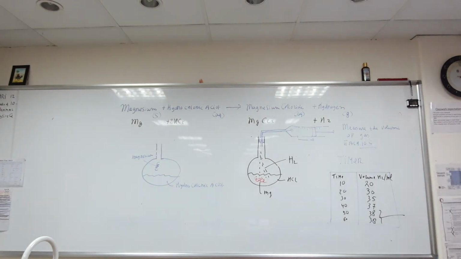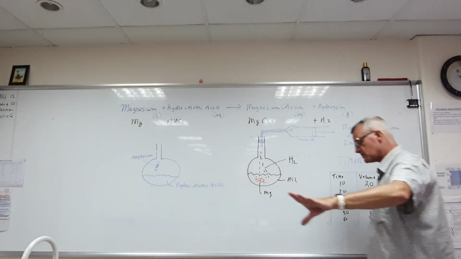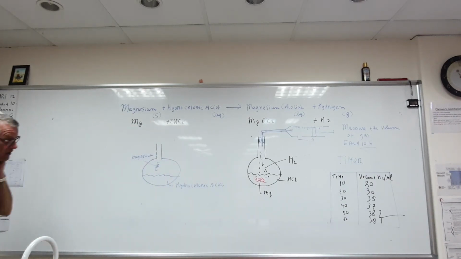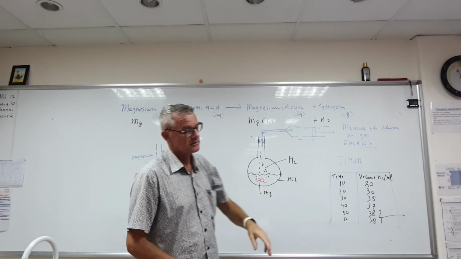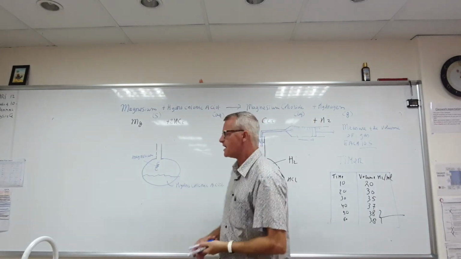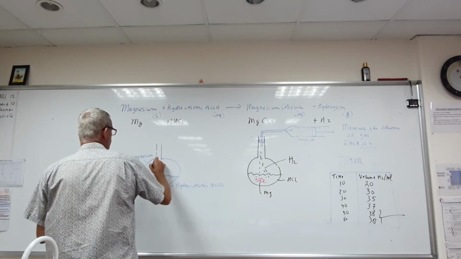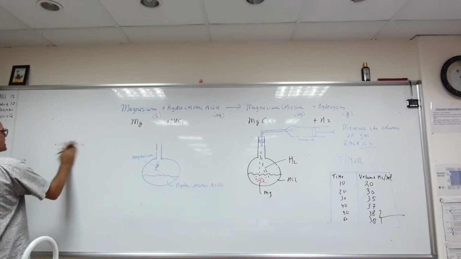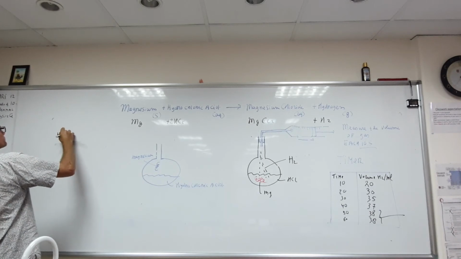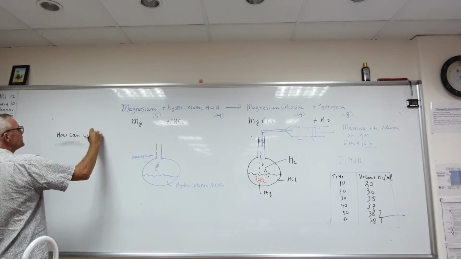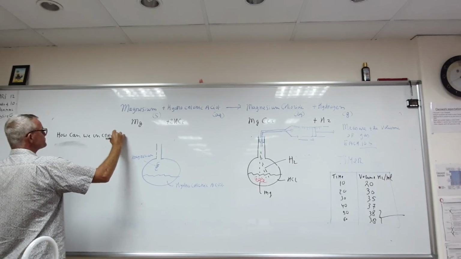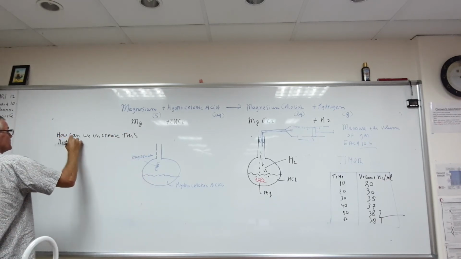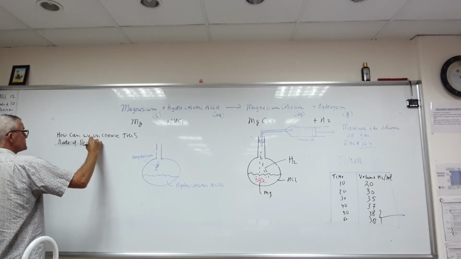Now, normally in class we will do that, but because we don't have time for that. How can we change the rate of reaction? Or I better say, how can we increase this rate of reaction?